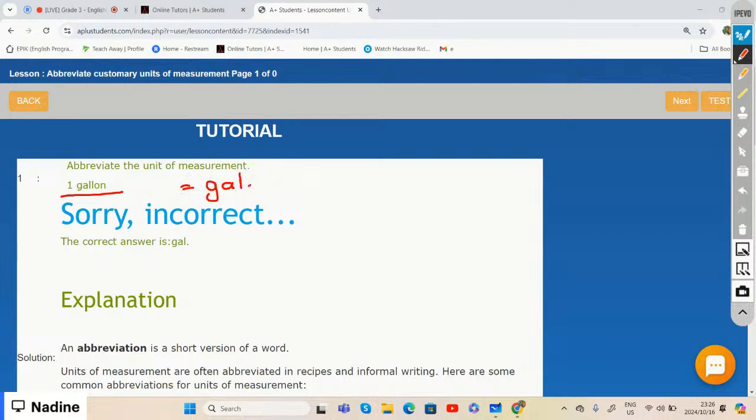Remember, once we abbreviate the word, we have the abbreviated word followed by a period. All right. Well done.